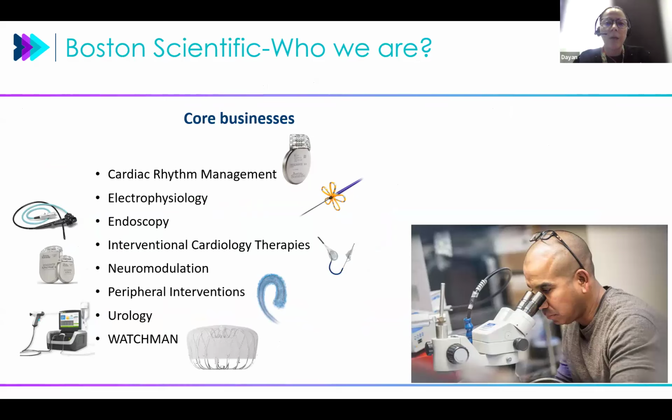We have what we call franchises, or divisions of products, depending on what area they affect. We have CRM, cardiac rhythm management, electrophysiology, endoscopy, interventional cardiology therapies, neuromodulation, peripheral interventions, urology, and Watchman, which is one of the latest products.